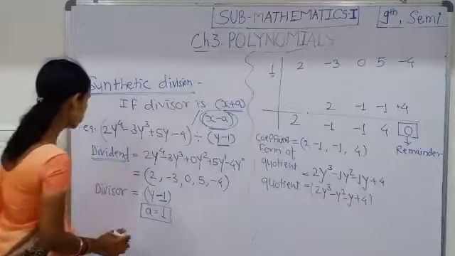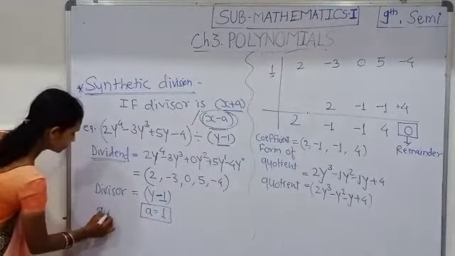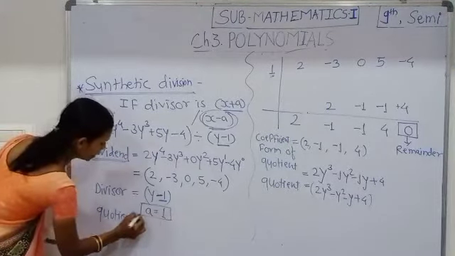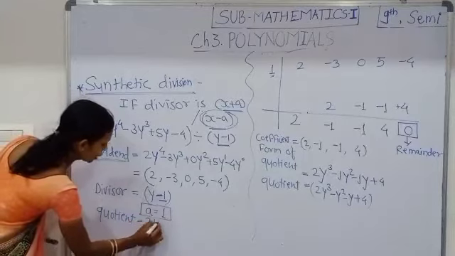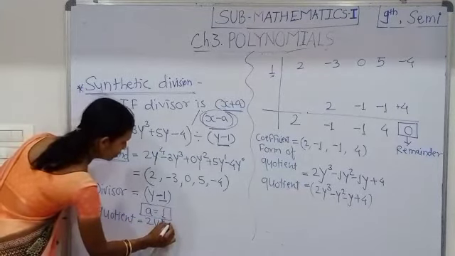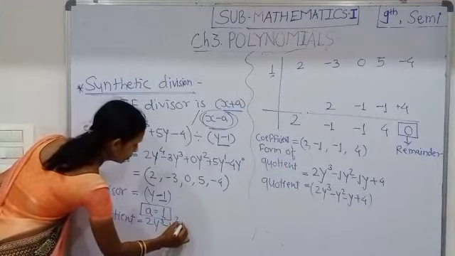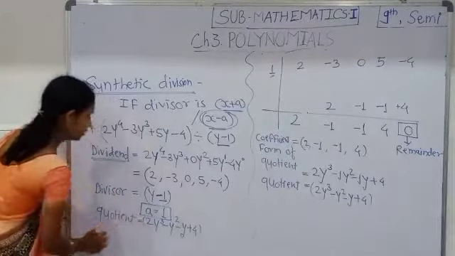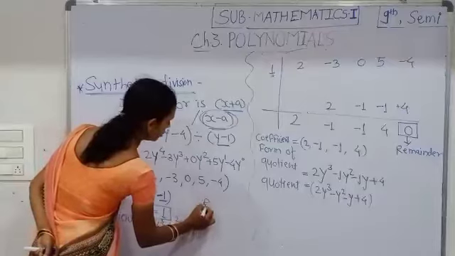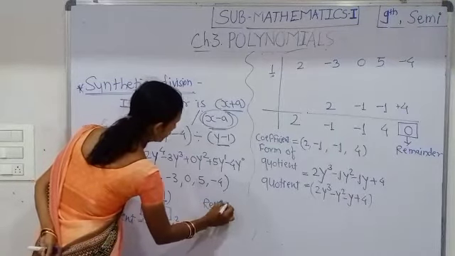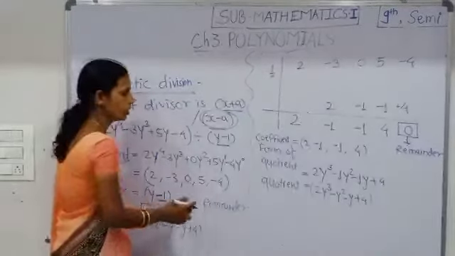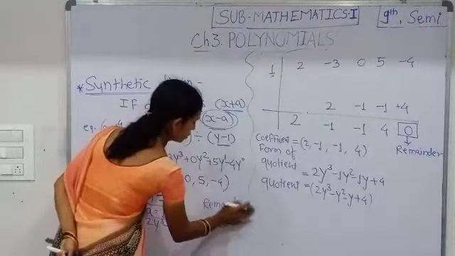Therefore here we get the quotient, that is 2y cube minus y square minus y plus 4. That is the quotient. And the remainder we got here, that is 0.